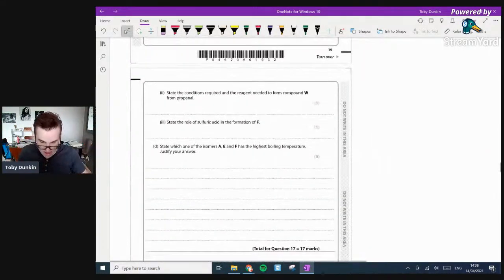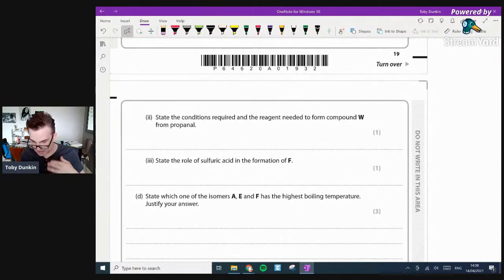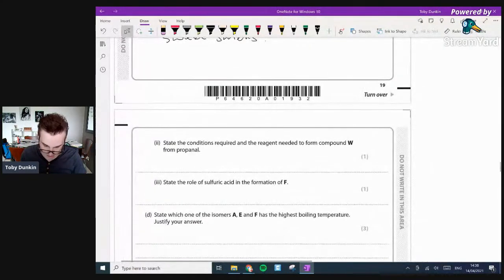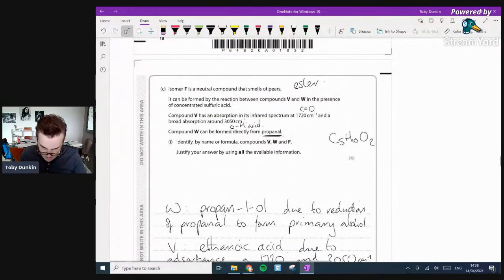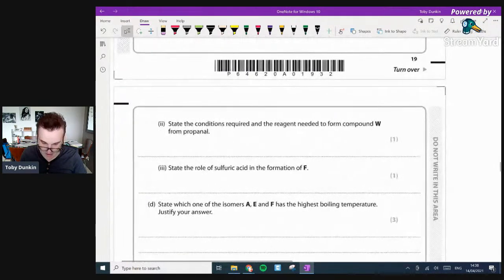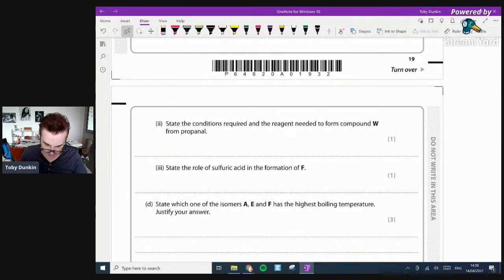Fine, moving on. State the conditions required for the reaction needed to form compound W from propanal. Lithium tetrahydroaluminate in dry ether, under reflux.